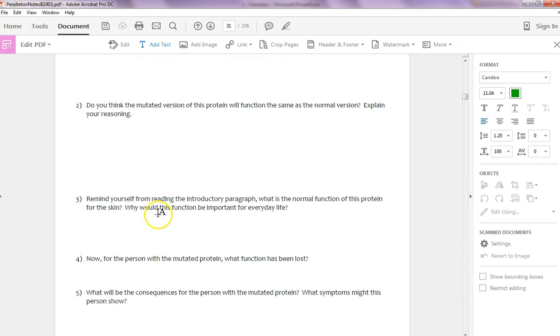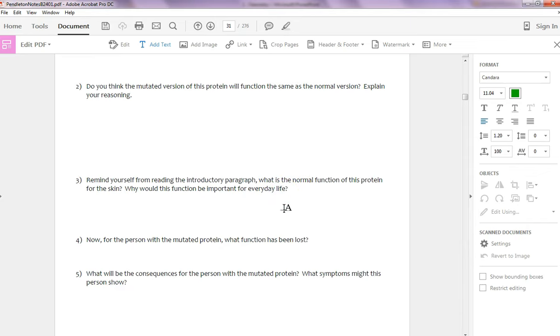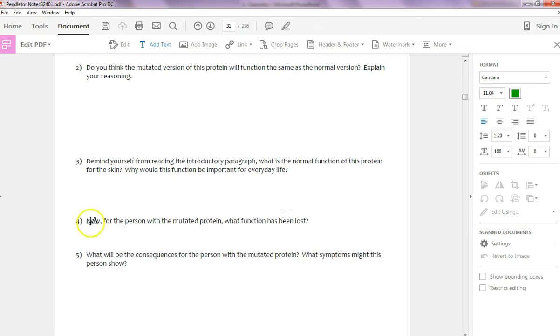And then I want you to think, from knowing about what that protein does, and remind yourself, what's the normal function of this protein and why it's important? What does that do to hold those cells of the skin together? Now I want you to think, if this thing is mutated, what's been lost and what will be the consequences for the person with the mutated protein?